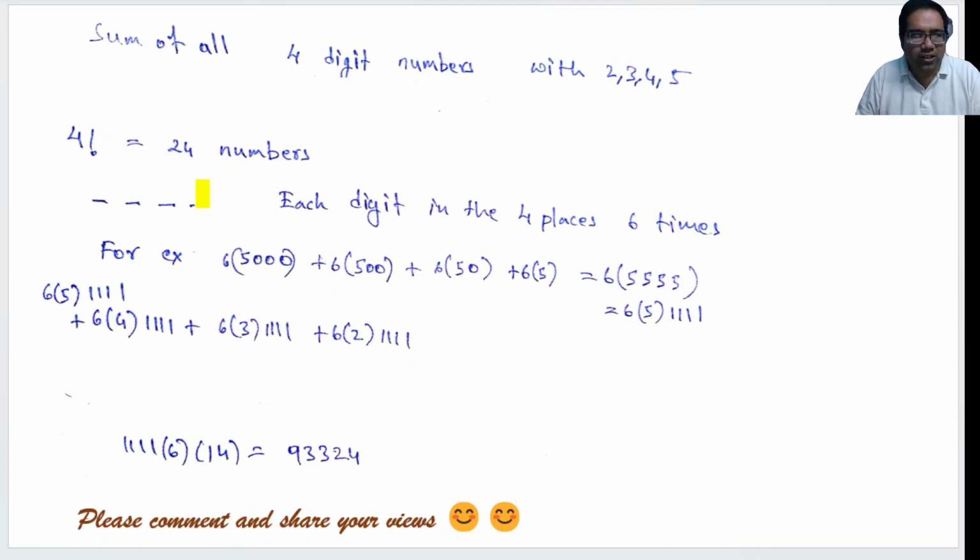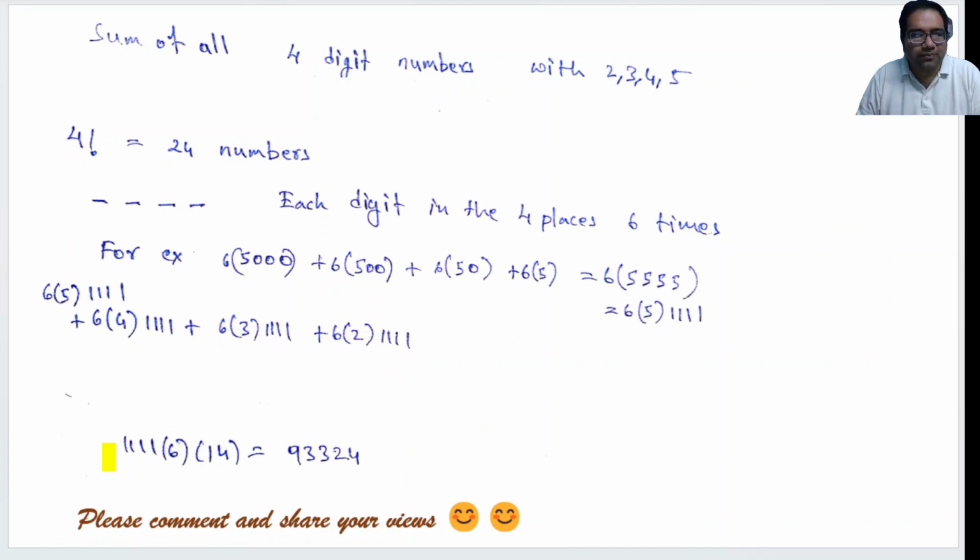Whatever the other numbers are, it doesn't matter. 5 is contributing 6 times 5,000 plus 6 times 500, 6 times 50 plus 6 times 5, which is 6 times 5 times 1111. Similarly, 4's contribution will be 6 times 4 times 1111, 3's contribution 6 times 3 times 1111, and 2's contribution 6 times 2 times 1111.